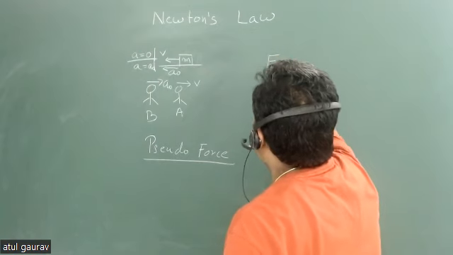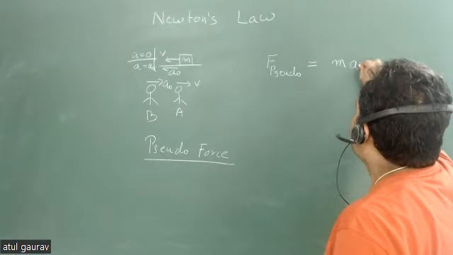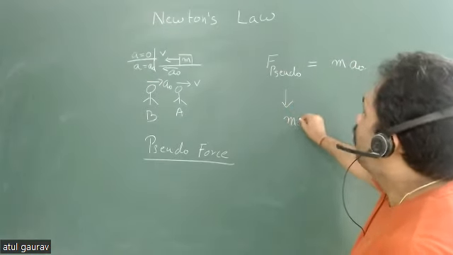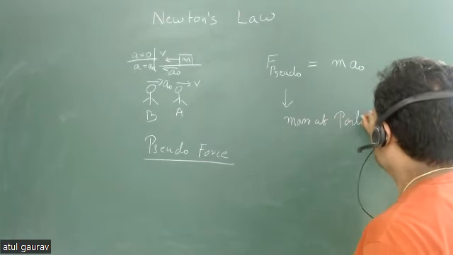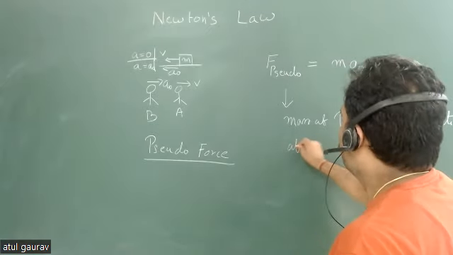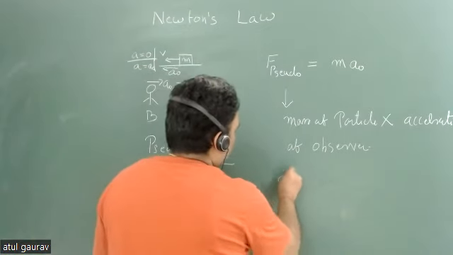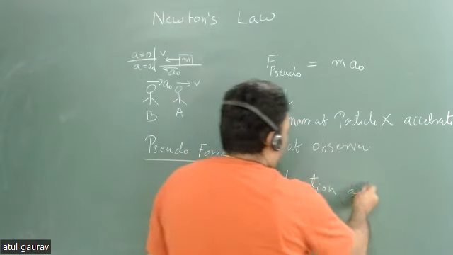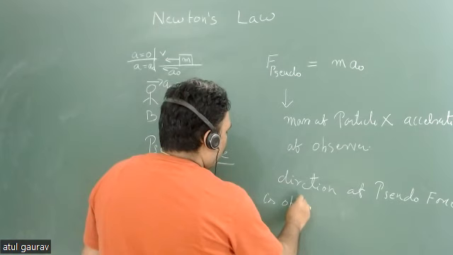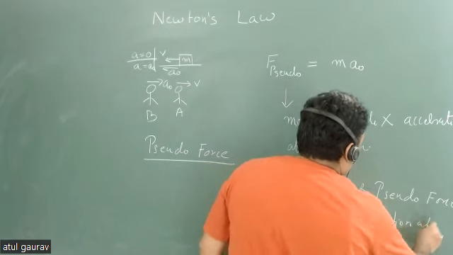F pseudo is equal to the mass of the object into the acceleration of the observer, and the direction of pseudo force is opposite to the direction of the observer's acceleration.